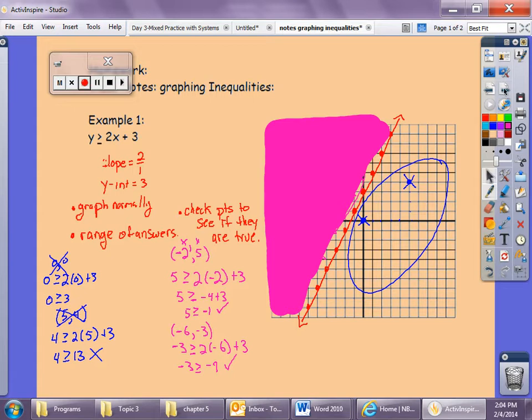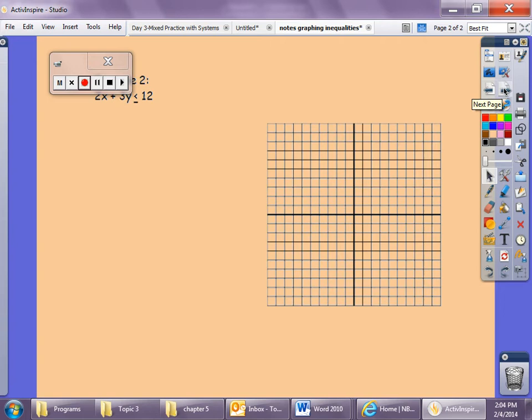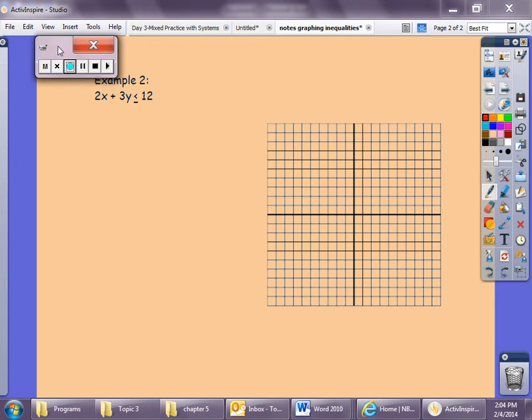When we look at the second example here, we have 2x plus 3y is less than or equal to 12. Since this is in standard form, we could either write it in slope-intercept form or just find the x and y-intercepts. For the x-intercept, y equals 0, so we have 2x is less than or equal to 12, so x is less than or equal to 6.